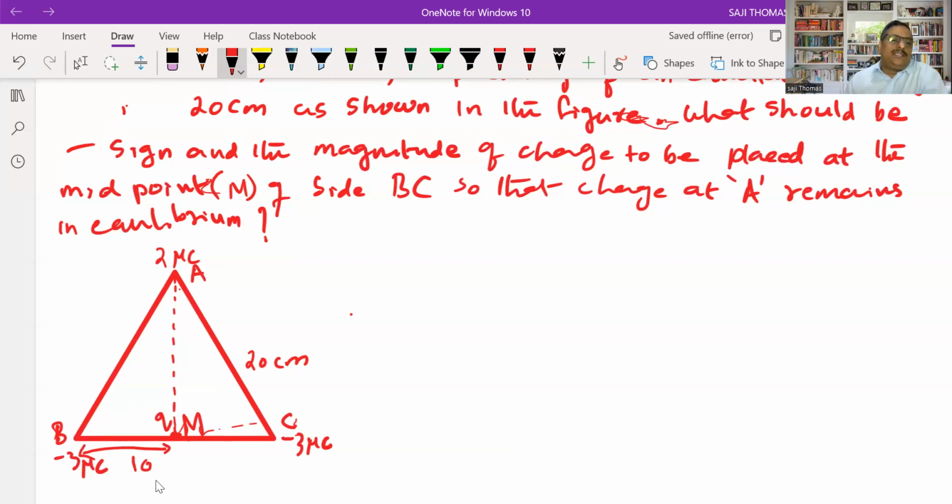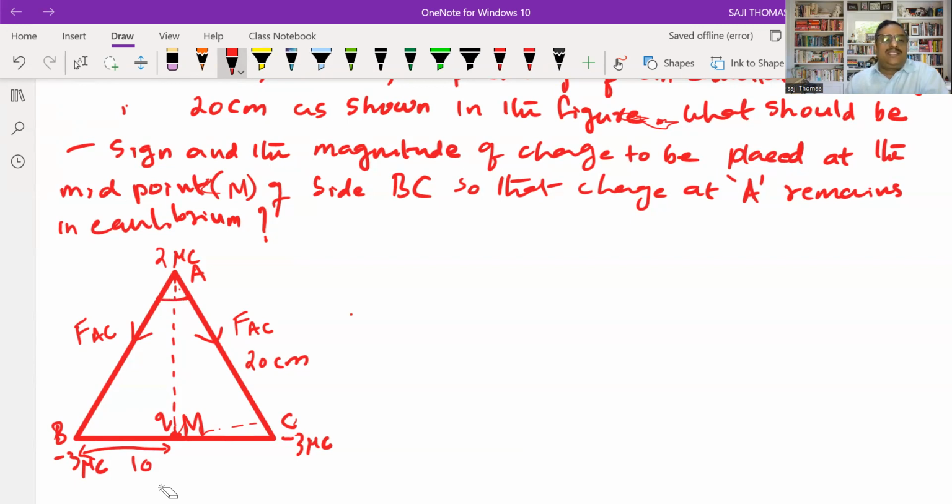Now, the charge B, minus 3 microcoulomb, attracts A downward. This force I write as FAB. Similarly, the minus 3 at vertex C attracts, and this is FAC. There will be a resultant of these two.